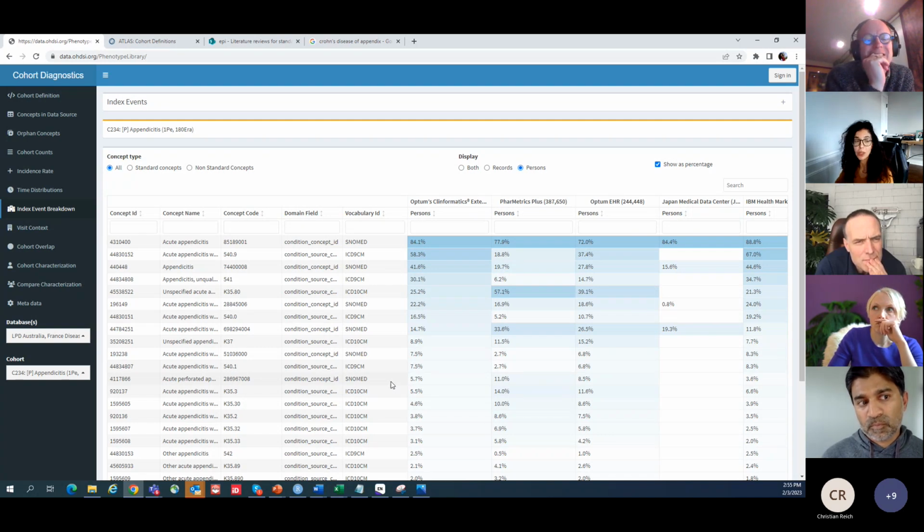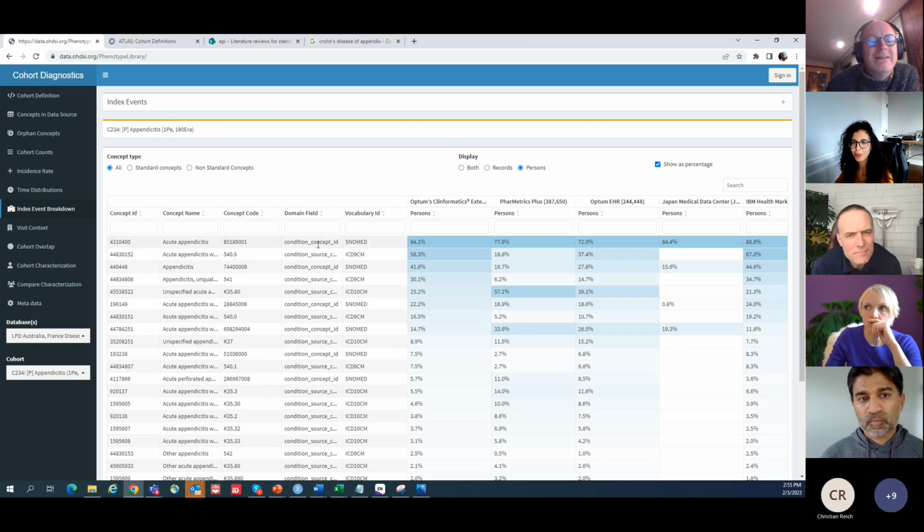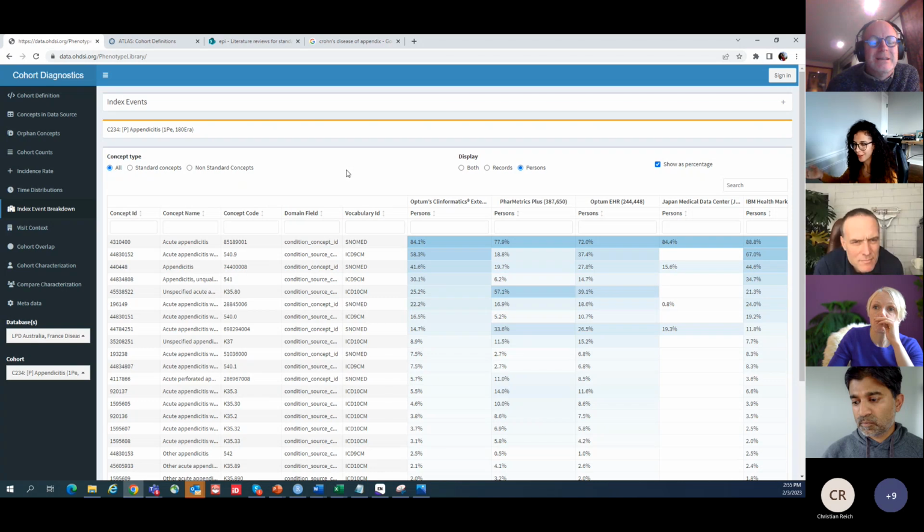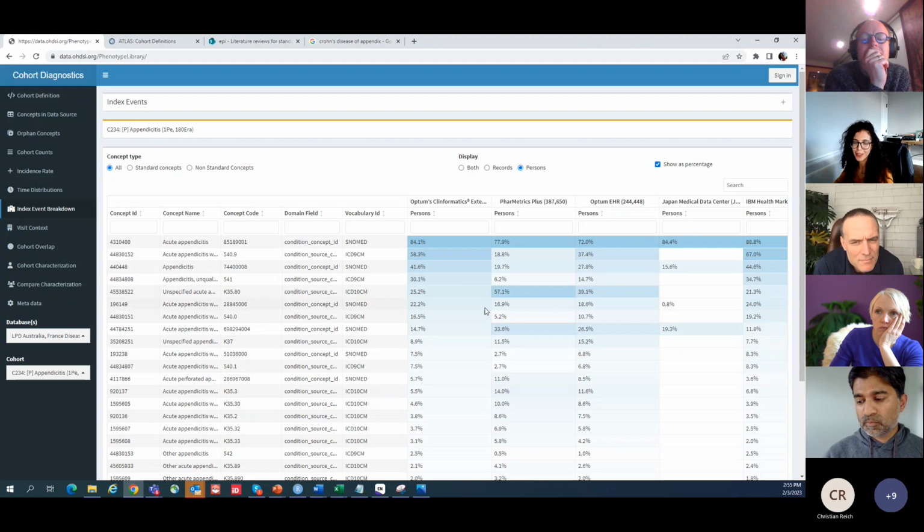Yeah. So this is another thing we look at, but I personally get overwhelmed if the included concept set has hundreds, sometimes thousands of codes. I can't look at every code, and it's also useless. So I like to take an easier approach in which I look at Cohort Diagnostics, which gives the index event breakdown.